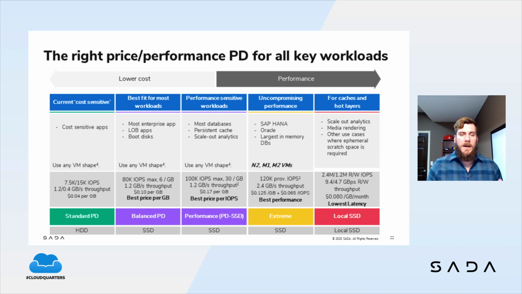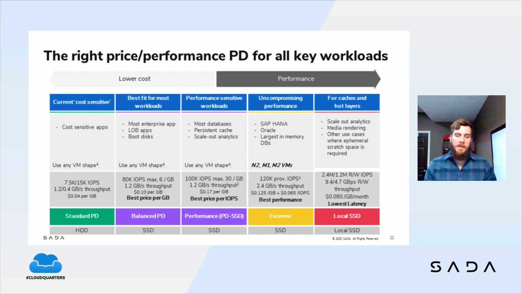As we move into the balanced and the performance, these become backed by SSDs. So these are more useful for things like enterprise applications, line of business, boot disks, and again, the price and the performance match that.